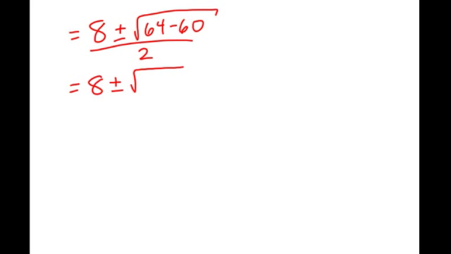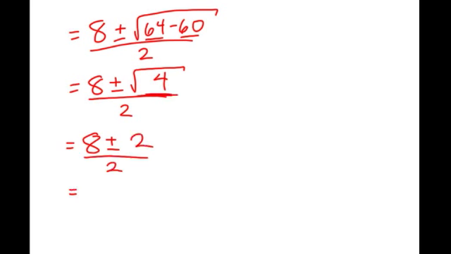Let's see, 64 minus 60 is 4. The square root of 4 is 2. And now I've got 8 plus or minus 2 over 2. 8 plus 2 over 2. 8 minus 2 over 2.